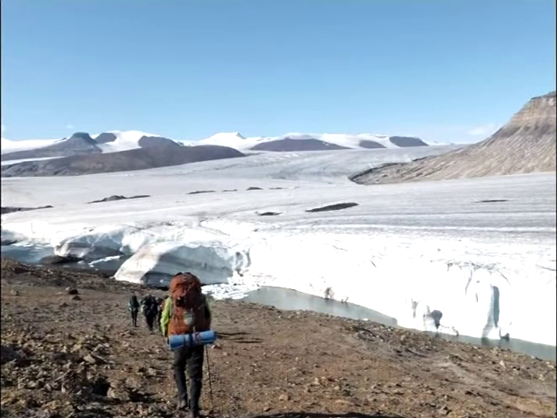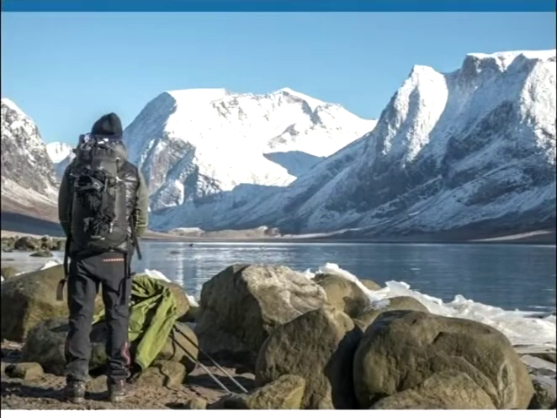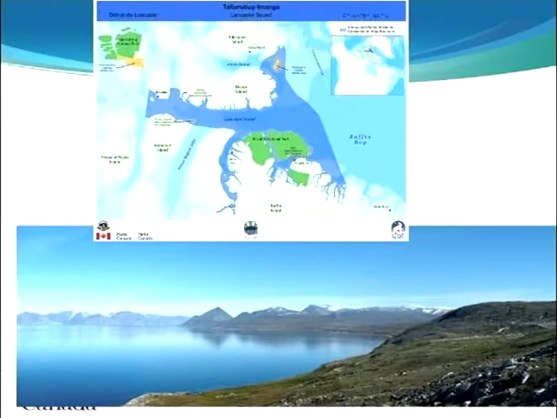Another one that's really attractive, Sirmilik National Park, northern Baffin Island. Again, glacier research possible. Any type of high altitude research that you do in Switzerland could be duplicated there as high latitude research. And then, interestingly, we also have this new marine protected area north of Baffin Island, Lancaster Sound.